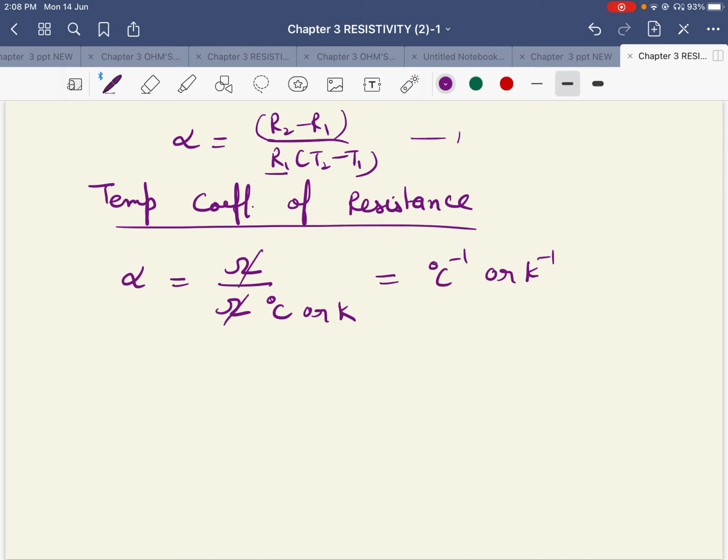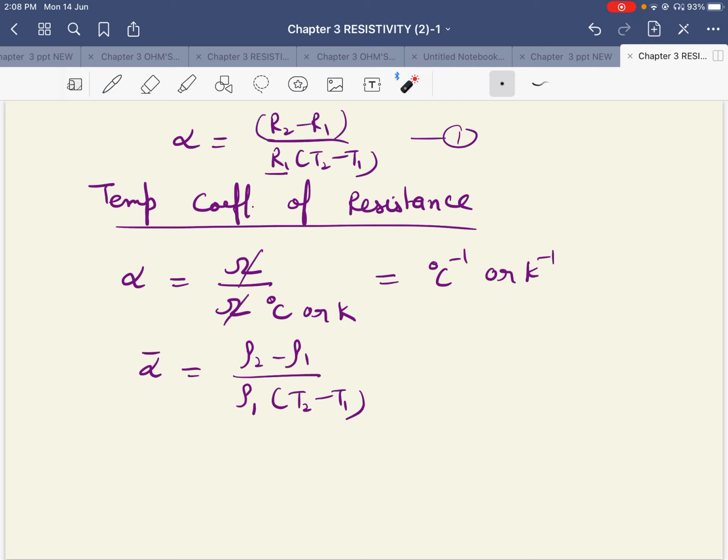According to this formula, similarly we can write alpha bar equal to rho 2 minus rho 1 divided by rho 1 into T2 minus T1. Here this alpha bar is known as temperature coefficient of resistivity.